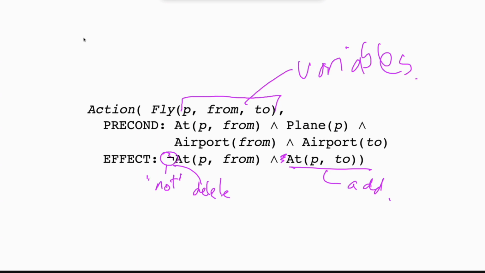Here this basically forces P to be a plane, or forces P to represent something that we've said is a plane. But that's just the label we're giving it. We don't have to give it that label of P.